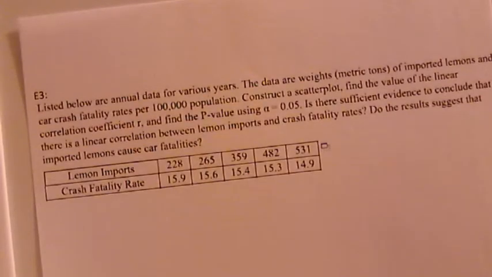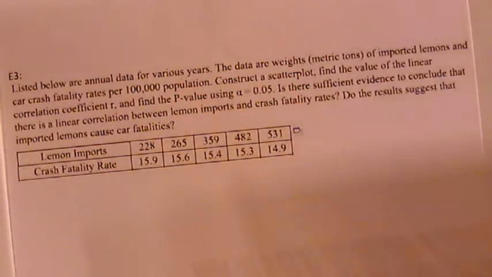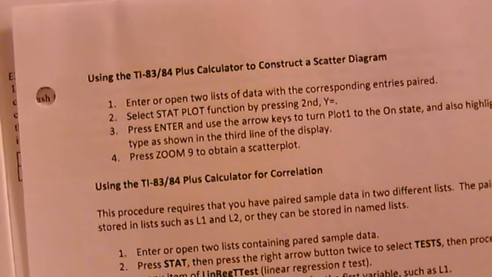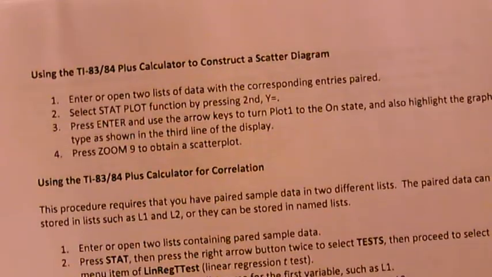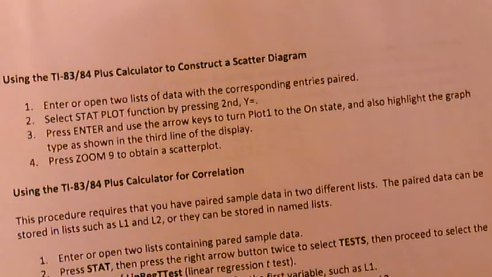And this is where we're going to apply the use of the graphing calculator to get the linear correlation coefficient R. Before I do that, I've also included the procedure for using a TI-83 or 84 Plus calculator to construct a scatter diagram or scatter plot.